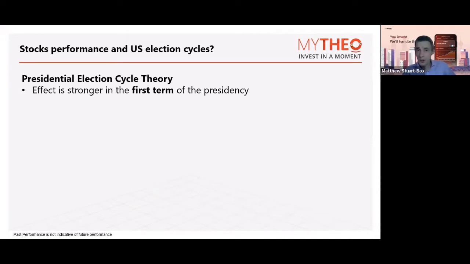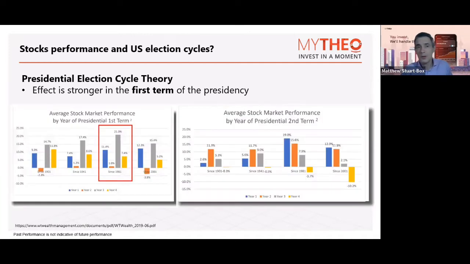So when the president has just been elected for his first 4 years, this outperformance in the 3rd year tends to be very strong. So this is the same data split into, on the left-hand side, data from presidents during their first term, and on the right-hand side, the data for the presidents during their second term.